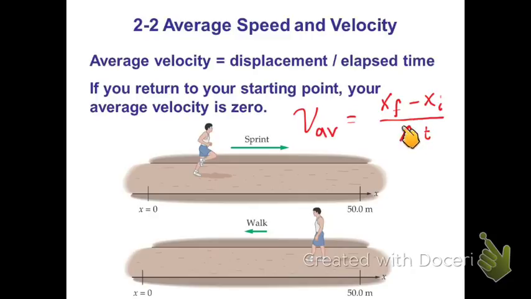This means since displacement can be a negative quantity, your average velocity can be a negative quantity also. And if your starting position and final position are the same, you have a zero average velocity. Even if you travel a certain distance in a certain amount of time, your average velocity might be zero.